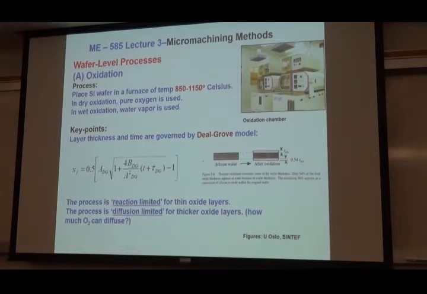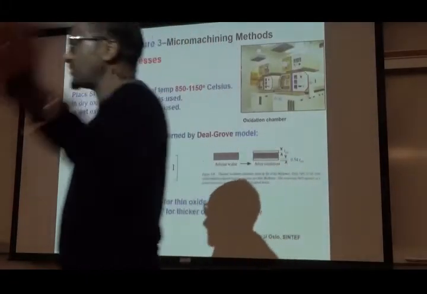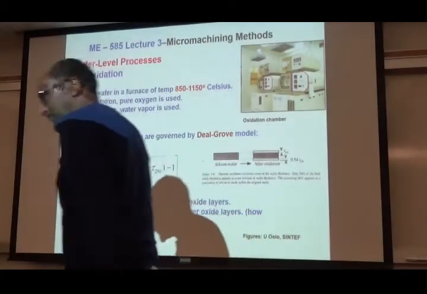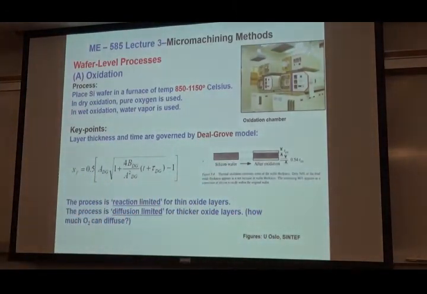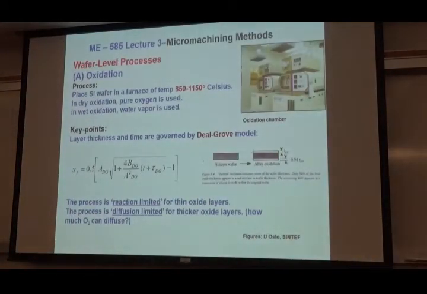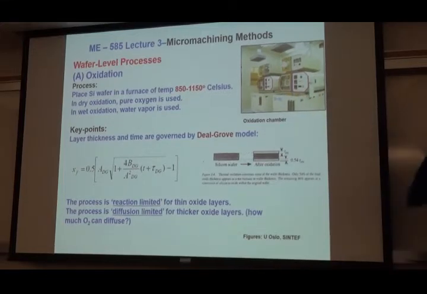Okay, so now one of the most important processes that we use on these wafers is oxidation. And you will remind me what oxidation is. It's adding a thin layer of silicon oxide. That's right. And how do I grow an oxide? Very simple, right? You remember? Steam. So you put the wafers in a chamber, and that's what you have over here, an oxidation chamber. You have several of these, so we don't process one at a time.